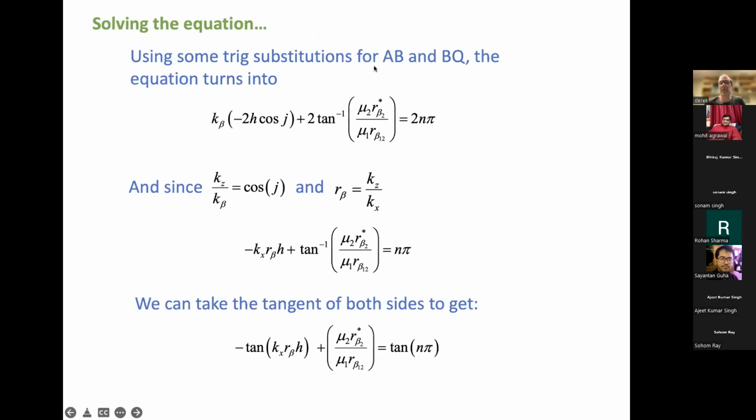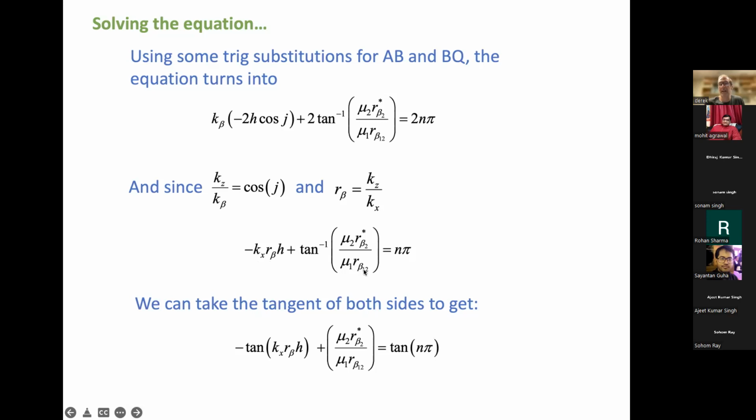We can do some trig substitutions for AB and BQ, and that gives us the equation shown up here. And since k sub z over k sub beta equals cosine of j, which is the angle of incidence, and r sub beta equals k sub z over k sub x, then we can rewrite the formula as minus k sub x r sub beta times h plus the arctangent of mu 2 r sub beta 2 star over mu 1 r sub beta 1.